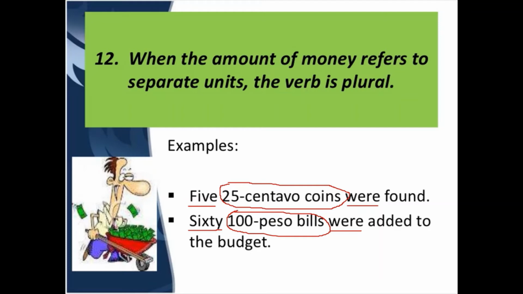There were 60 pieces of 100-peso bills. So that's the meaning of the subject. So this subject is regarded as a plural subject. So when the subject is plural, then it must take a plural verb. So that's why the verb used in the two examples is plural.